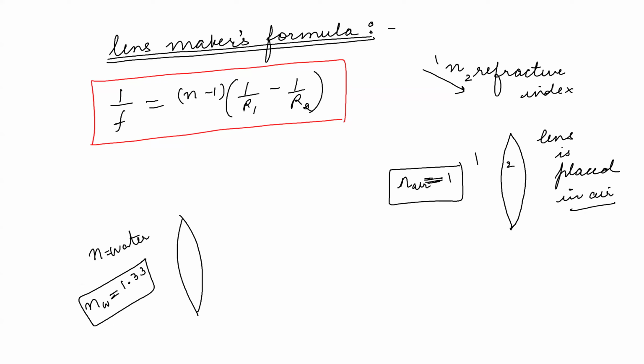Got the point or no? The refractive index of glass is 1.5. So this is the refractive index, and the lens is placed in air. So that's my lens maker's formula: 1 by f is equal to (n minus 1) into (1 by r1 minus 1 by r2).